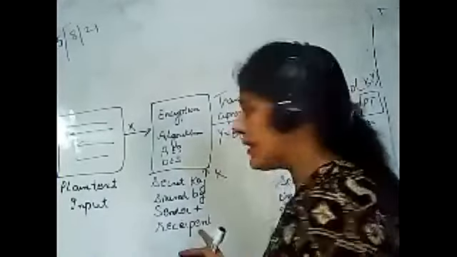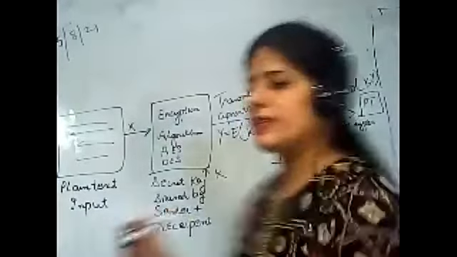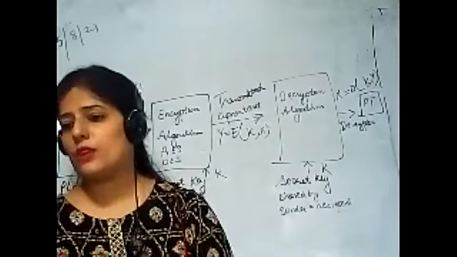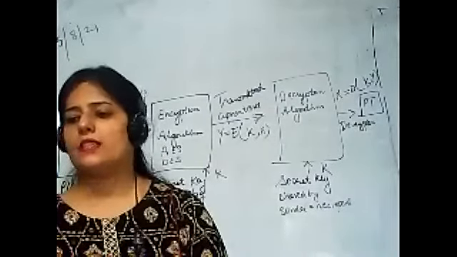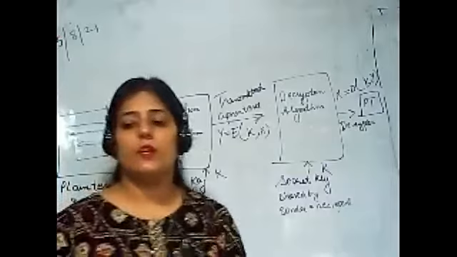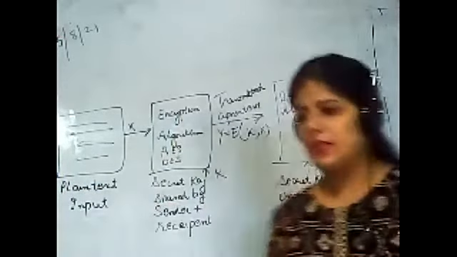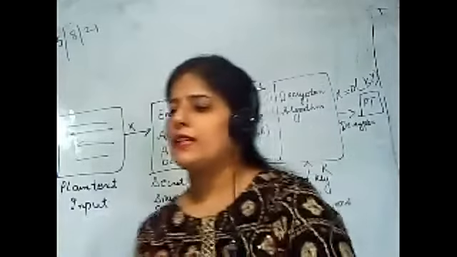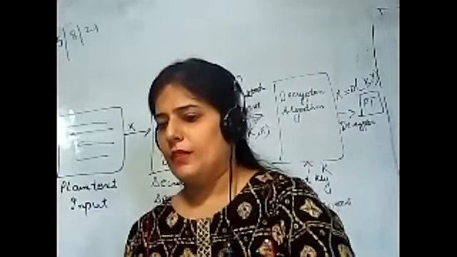Single key, shared key, and the third, a secret key. It should be kept secret only. Why so? Because we don't want any external entity to get this key, because it may help them decrypt the message. So we have to keep this key secret.